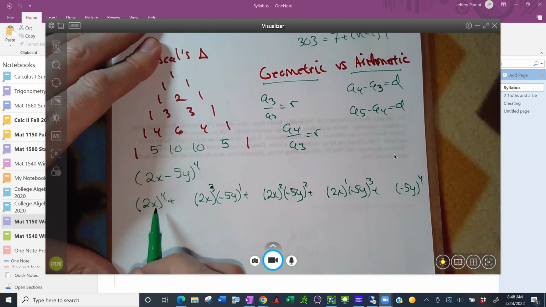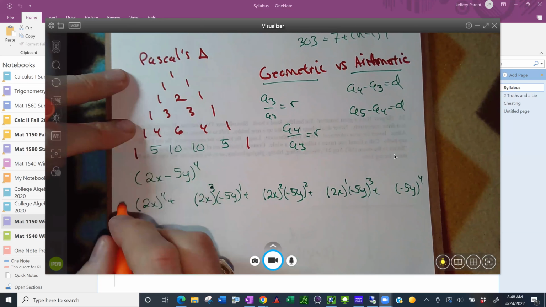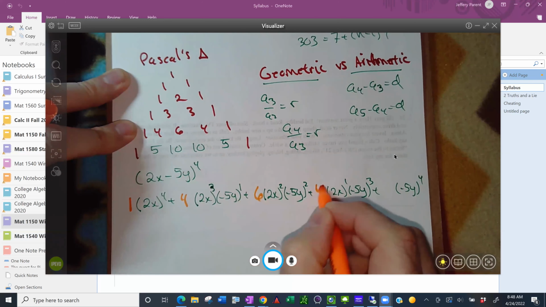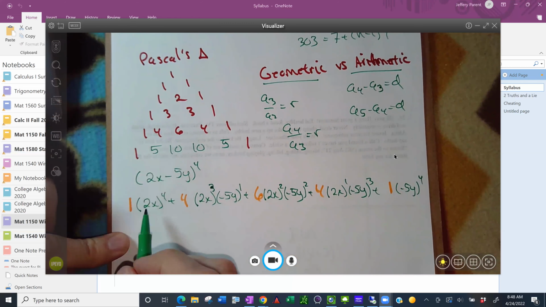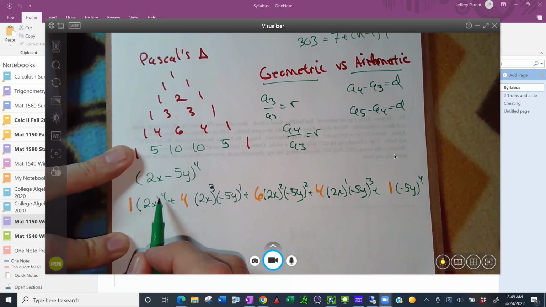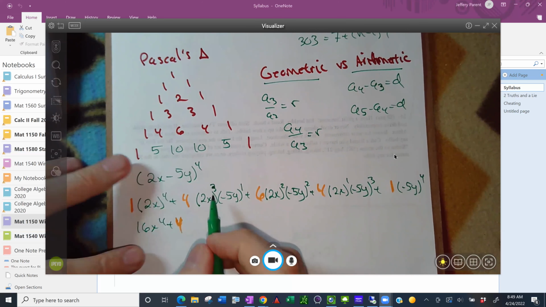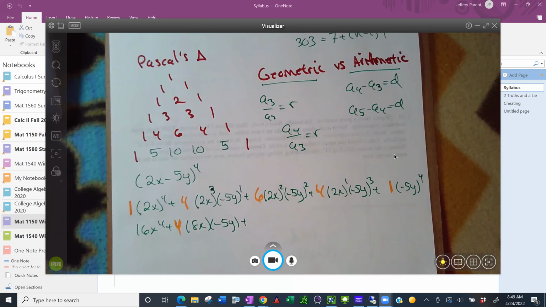So we need to expand these now. But before I do that, I need to plug in the coefficients from Pascal's triangle. That'd be a 1, 4, 6, 4, and a 1. I think a lot of the problem in expanding these things is people want to do a little bit too much. 2 to the 4th power is 16, x to the 4th plus 4. If I cube this, I get 8x and a minus 5y plus 6.